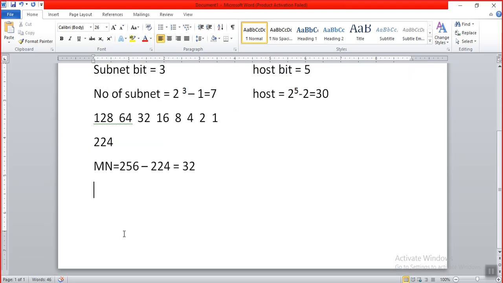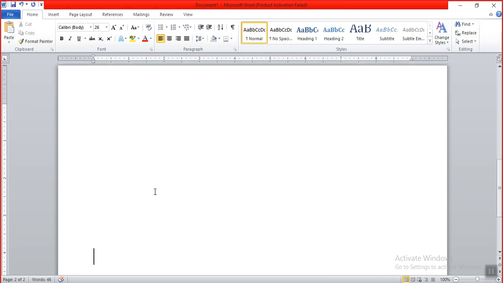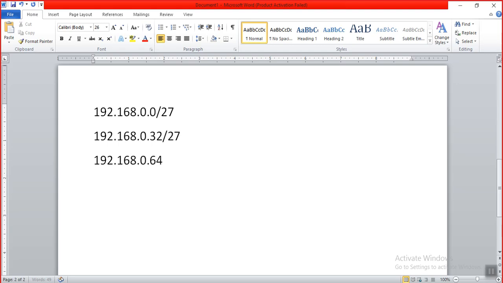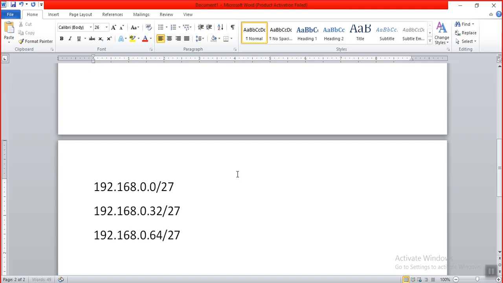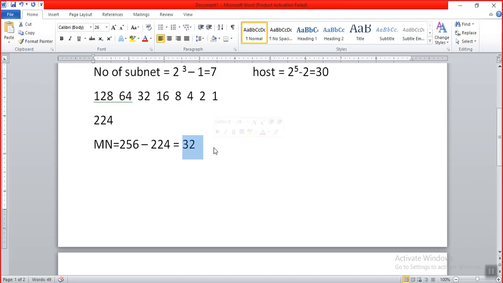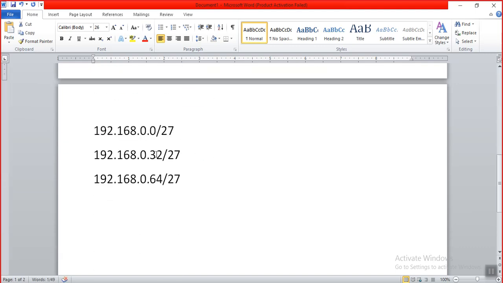So now I am going to write these subnets. In this subnet, 192.168.0.0/27. Next one is 192.168.0.32/27. 192.168.0.64/27. Why am I writing 0, 32, 64? Because our magic number is 32, so it is a multiple of 32.